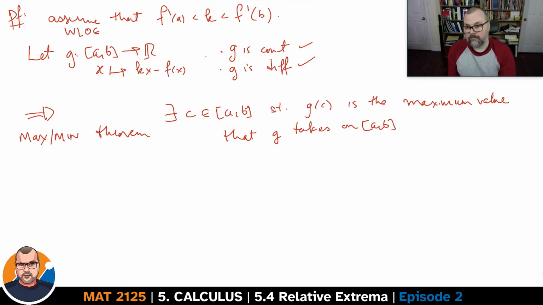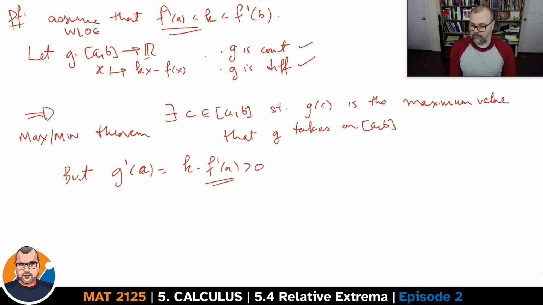Now we do know that g prime at a, computed directly, is k minus f prime at a. This is positive by assumption. So what this tells us is that c is not equal to a. Why? Well, if we do have the maximum value and the function is differentiable, then g prime at c should be equal to 0.